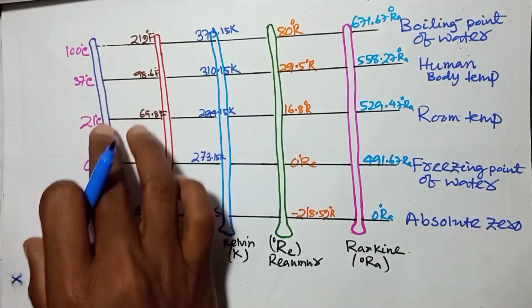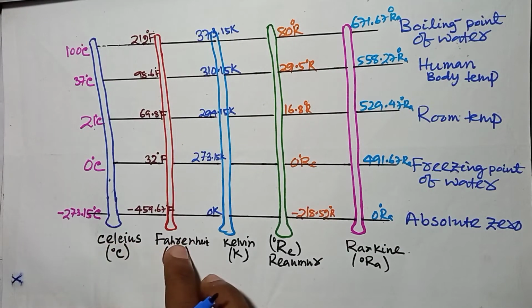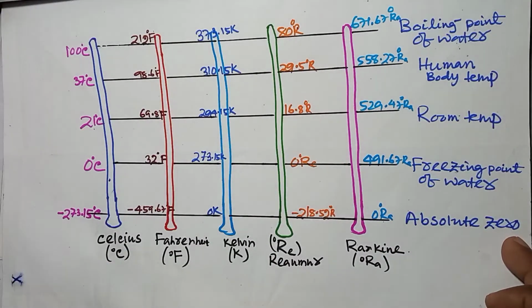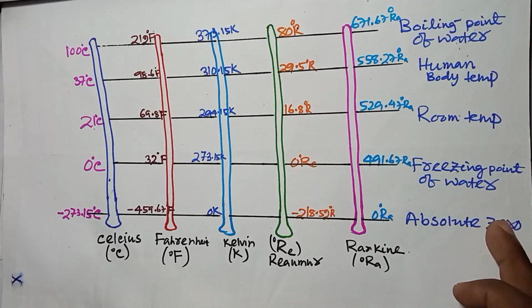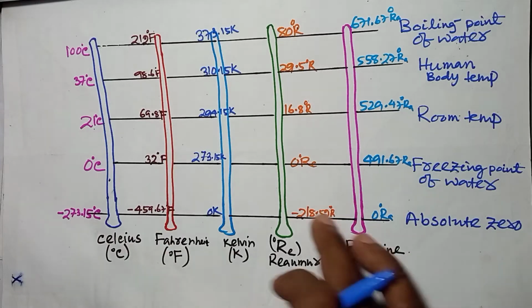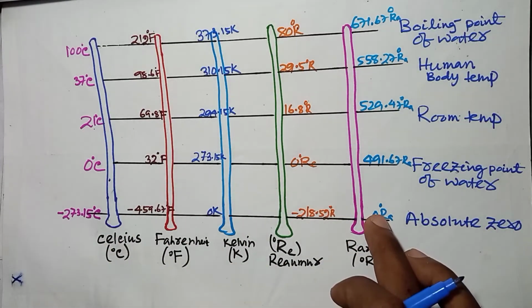Here is a picture of the different scales: Celsius, Fahrenheit, Kelvin, Reaumur and Rankine. This level is the absolute zero level. Absolute zero means the minimum temperature which can be measured by these scales. Absolute zero for Rankine scale is 0 degree.